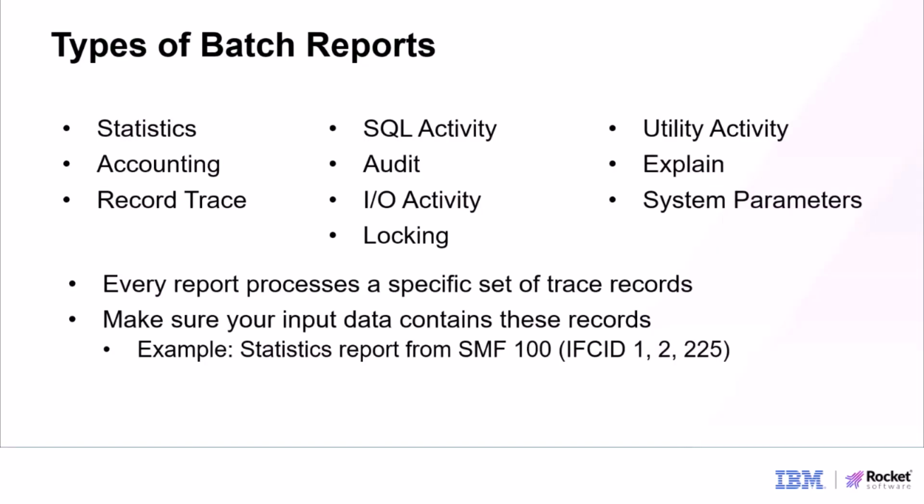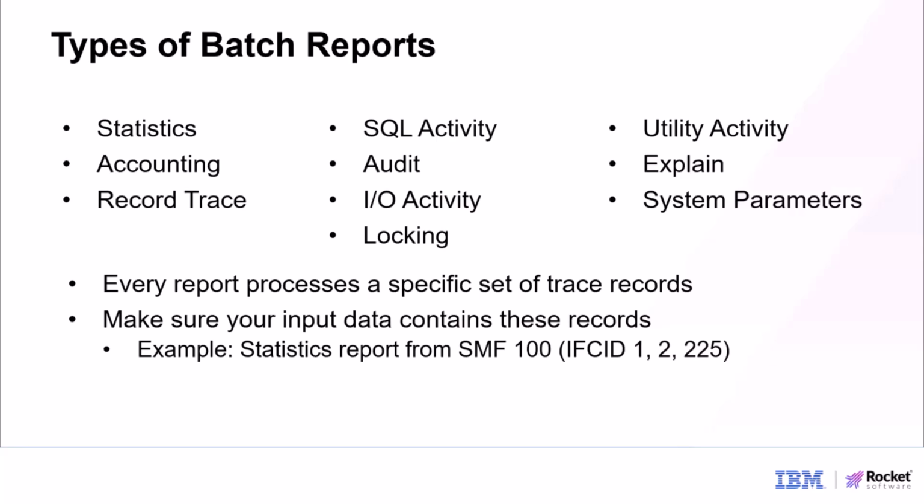There are quite a few different reports available via the batch facility. The most common are the statistics and accounting class traces. Those are the ones that people typically run on a day-to-day basis. But if you need to do things like SQL traces or audit class traces, or you want to do a review of locking or explain activity, as an example, those are all available through the batch reports.